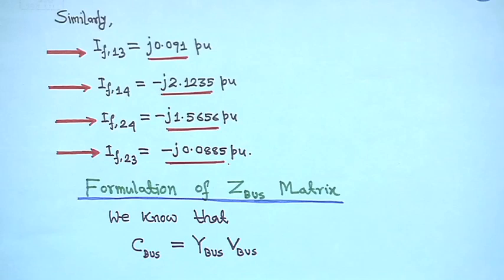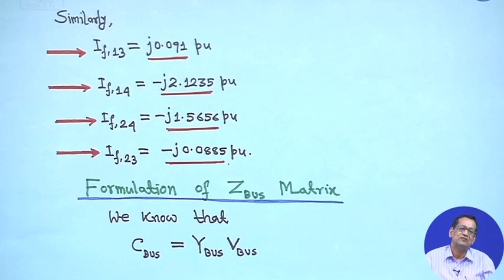So, the intention of this chapter is to show you a couple of examples of fault studies, and the main thing is the Z bus building algorithm, how one can build the Z bus matrix rather than taking the Y bus inverse, because the Y bus inverse for a large network may not be computationally suitable and you have to go for a different algorithm.